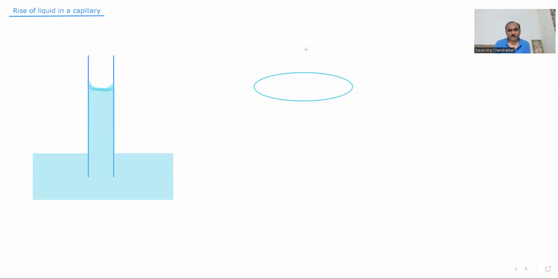What will happen here is we are taking small portions, and these will be pulled because of the surface tension S. Let's say these lengths are dL. These forces, let's call them dF.